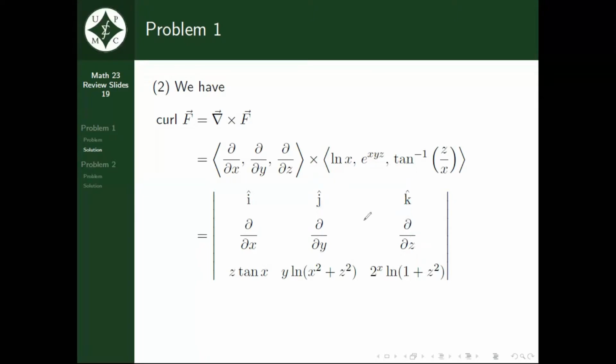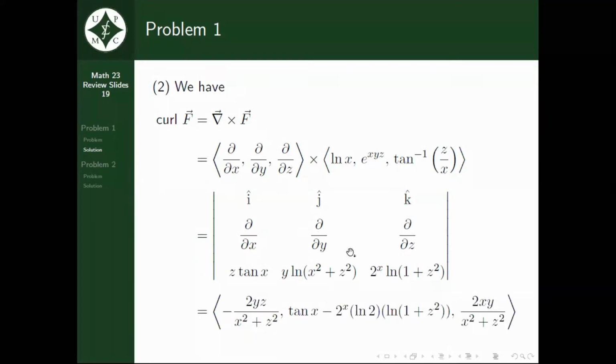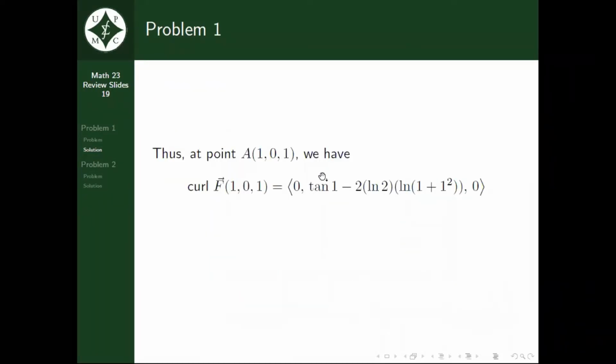So now we have this one. For those of you who are familiar with linear algebra, this is just cofactor expansion along the first row. So now we substitute.